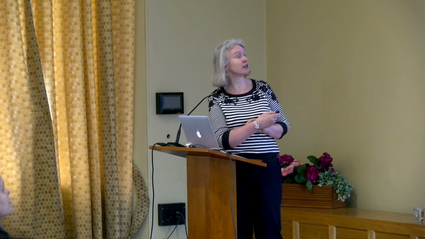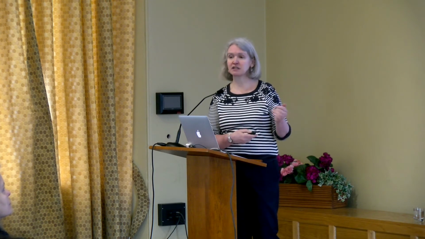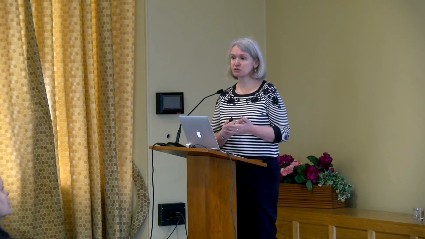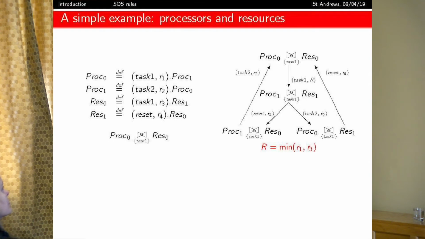Our rate is the minimum of the rate at which processor 1 thinks it can do task 1, and the rate at which processor 0 and resource 0 thinks it can do task 1. So we just choose the slowest one, the bounding capacity. And so we can then encode that in this matrix, which essentially is our Markov chain, and then we could find out, for example, the utilization of the resource.